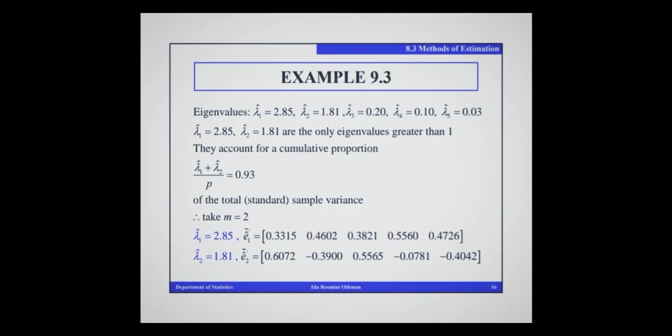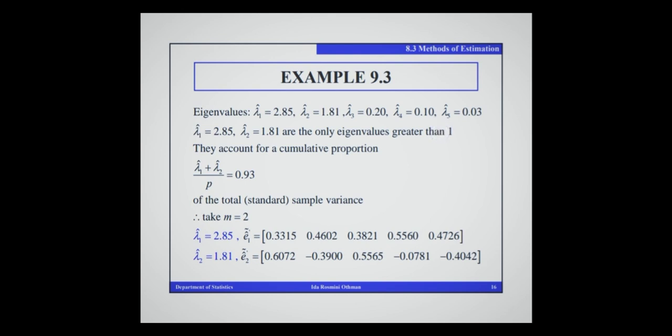Okay, so daripada sini juga, from the matrix of R, we can find the value of lambda. We have 5 lambda kat sini, lambda 1 sehingga lambda 5. The other method that we can use to decide how many factors is we take lambda more than 1, the eigenvalue greater than 1.